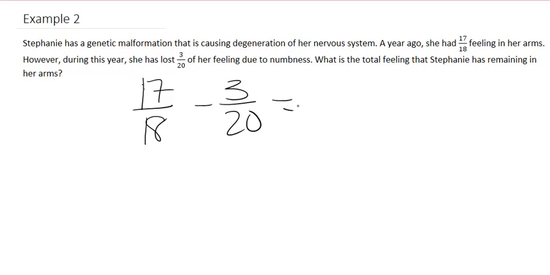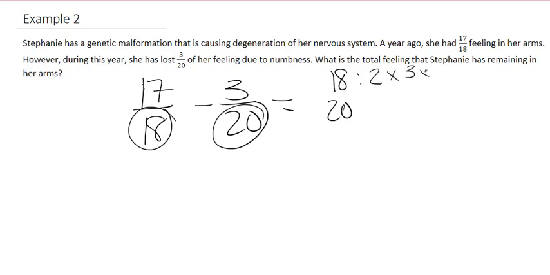We can see, though, we can't actually do the subtraction problem because 18 and 20 are not the same common denominator. So to find our common denominator, let us break down 18 and 20 into their factors. So 18 is 2 times 3 times 3. 20 is 2 times 2 times 5.